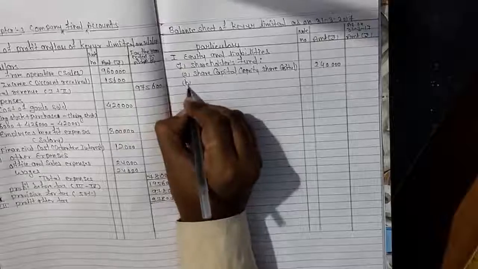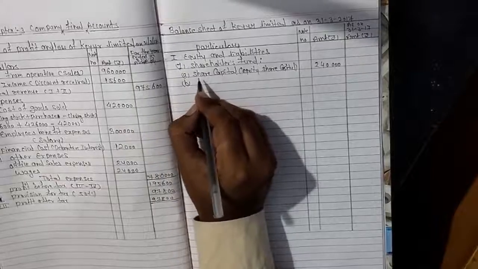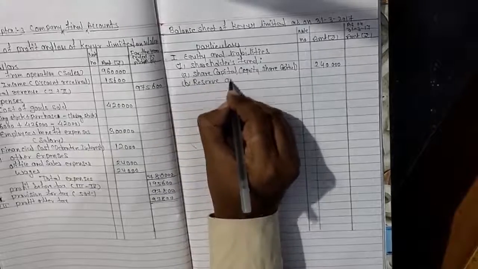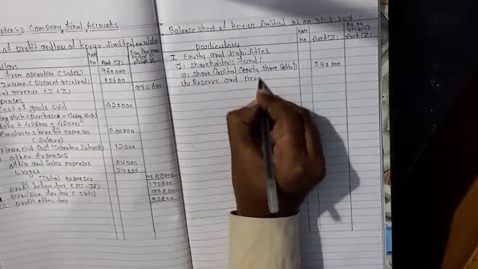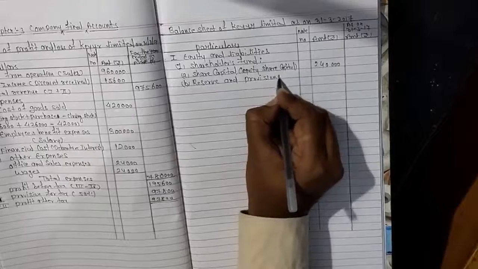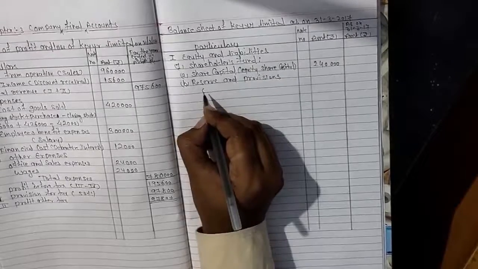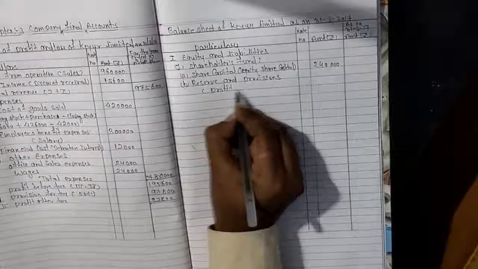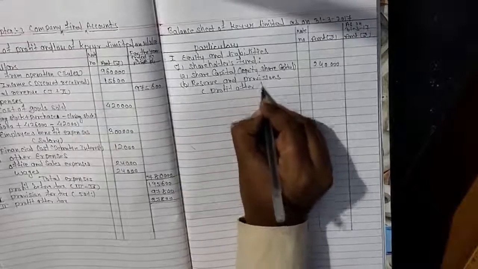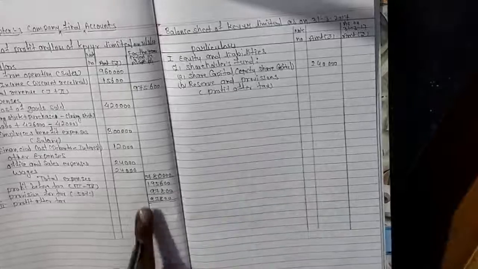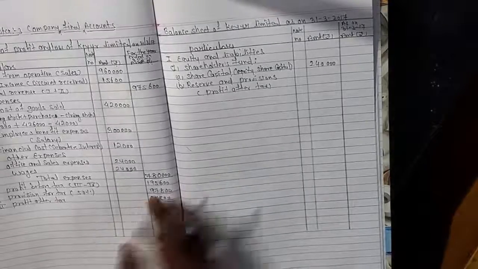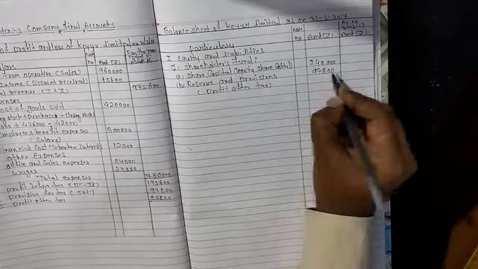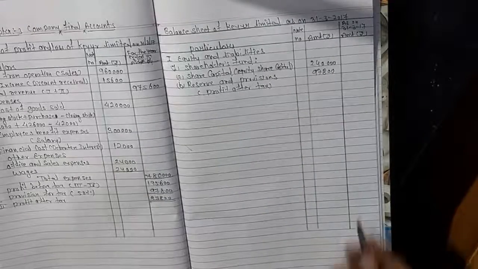Then B, reserves and provisions. In that, profit after tax from profit and loss account, 97,800 rupees.